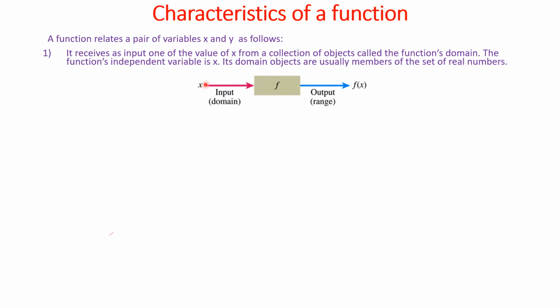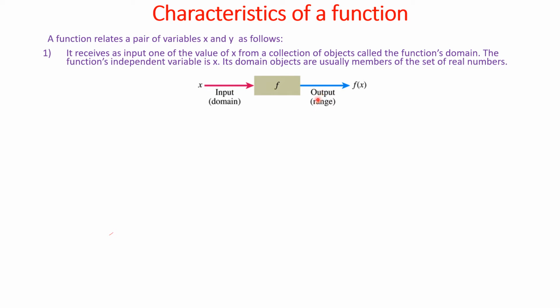Here is a modeling of the function in terms of the input, process, output model. The input is represented by x, the variable, which takes values from the domain. The domain is a set of real numbers. Usually, the function will map members of the domain to members of the range.